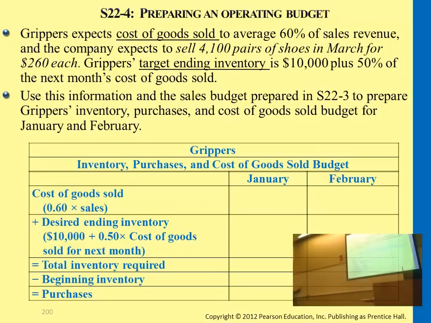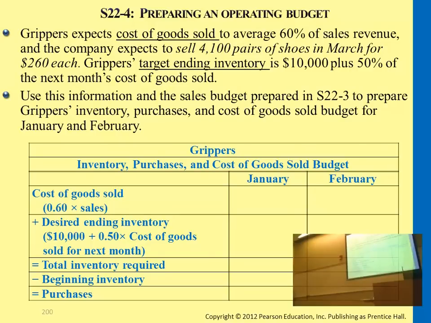So if you multiply this by 60%, what are you getting for January? $918,000, right? What about February? $399,000. Okay, so this is for the two months.